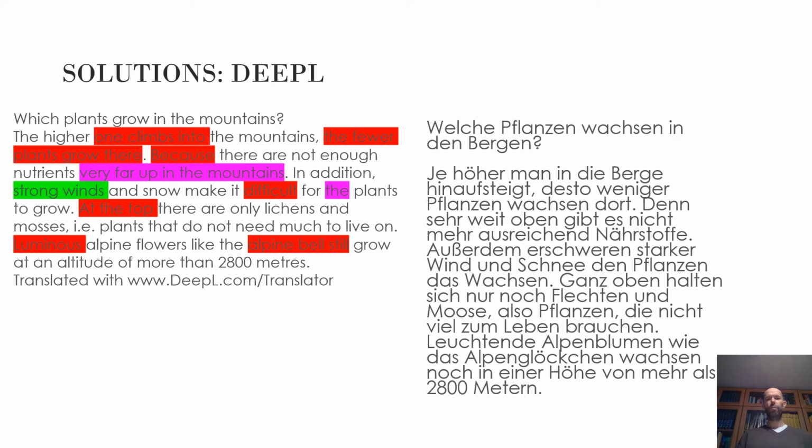That's why I've marked it in pink here. It's not totally wrong, but there are better solutions than this. In addition, strong winds, that's a good choice. Strong winds and snow.